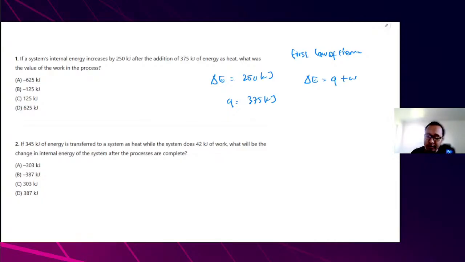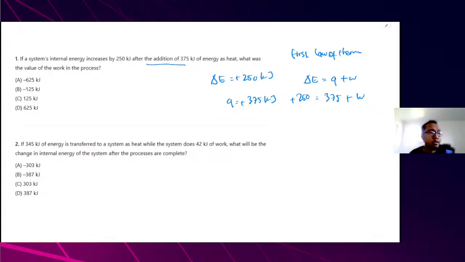So delta E here is positive, because it is increasing. And Q is an addition, which means it should be positive as well, so 375. How about the value of the work in the process?